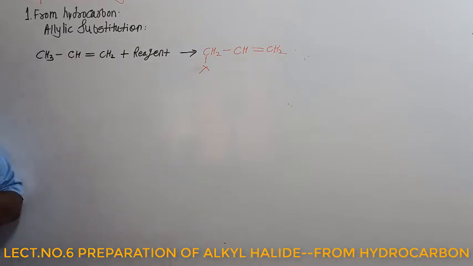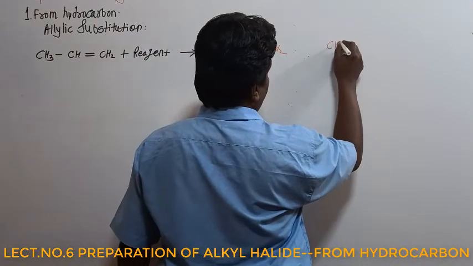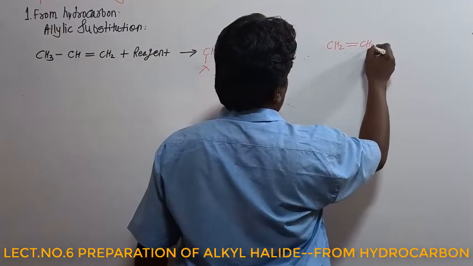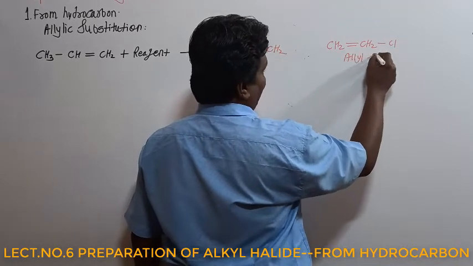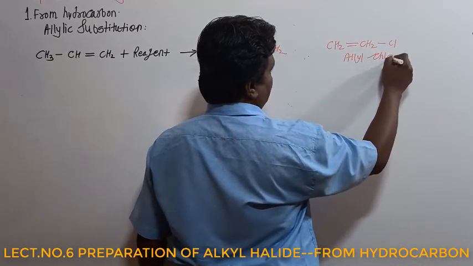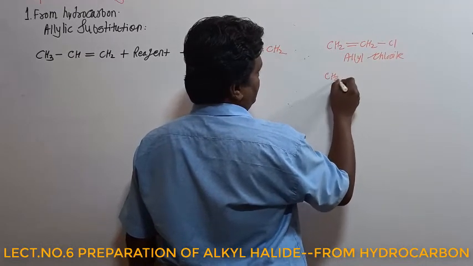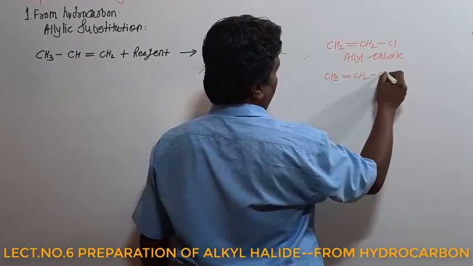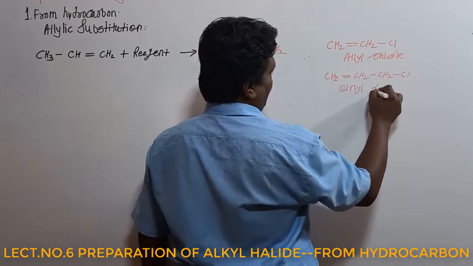Now this is allylic substitution. If you remember, we already saw this. CH2 double bond CH single bond CH2 Cl is called allyl chloride, while CH2 double bond CH single bond Cl is called vinyl chloride.